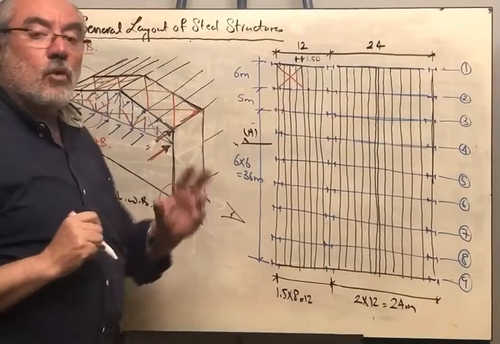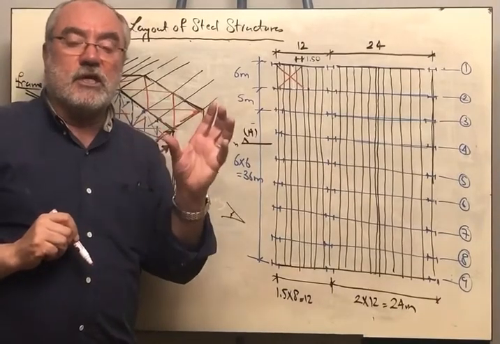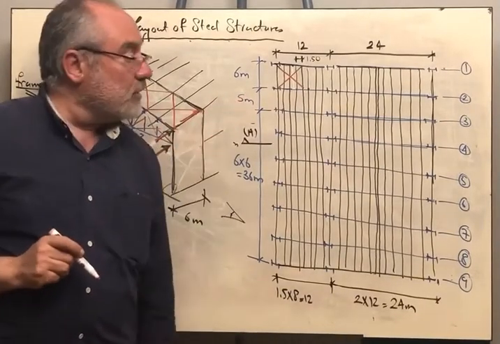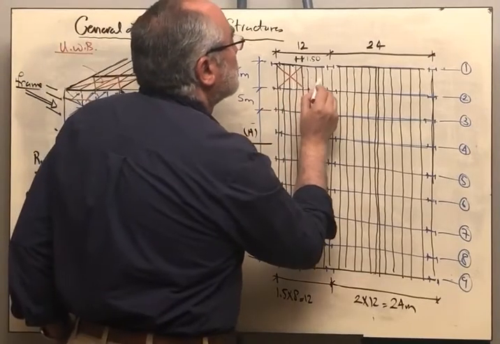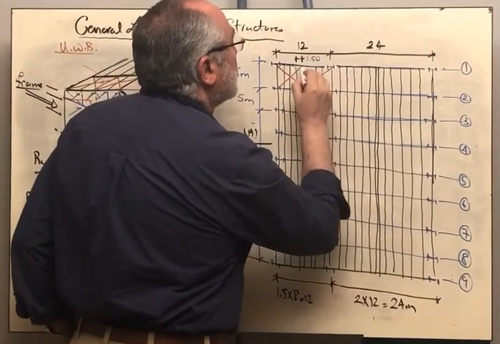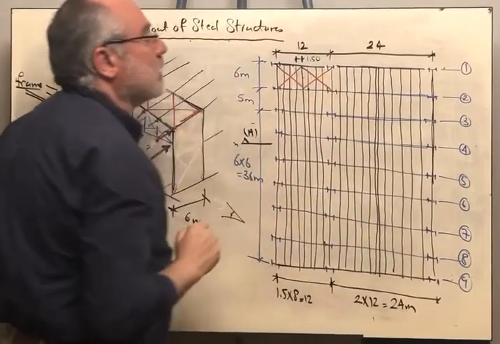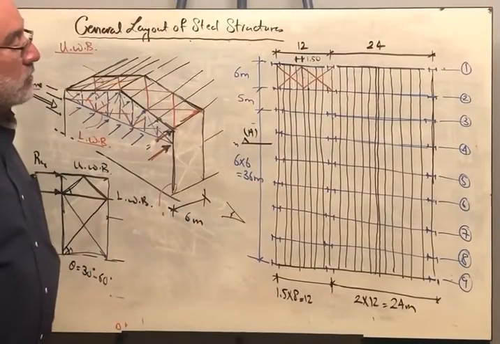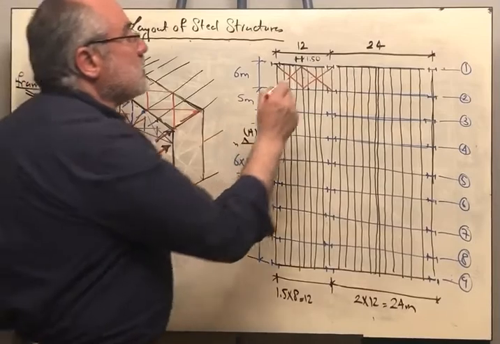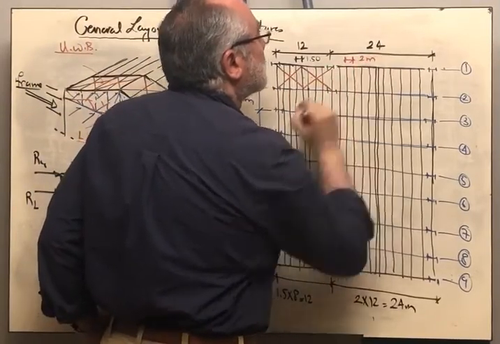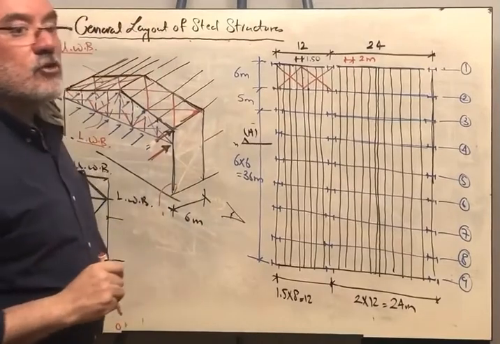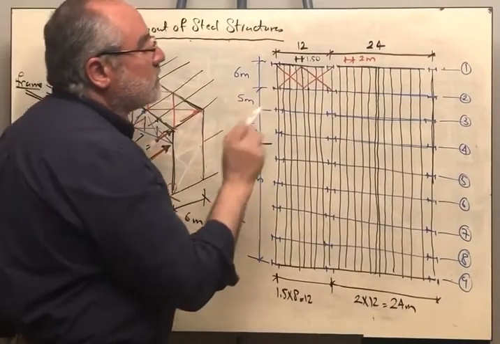Because I want the angle to be from 30 to 60, preferably 45 degrees. Now I will take another 4, 1, 2, 3, 4. This will be closed exactly like this at an angle of 45. This distance here is 2 meters. So I will take every 2, okay, or every 3.